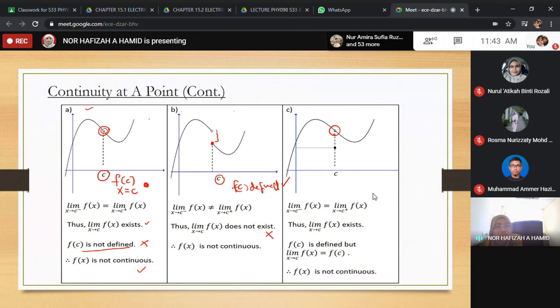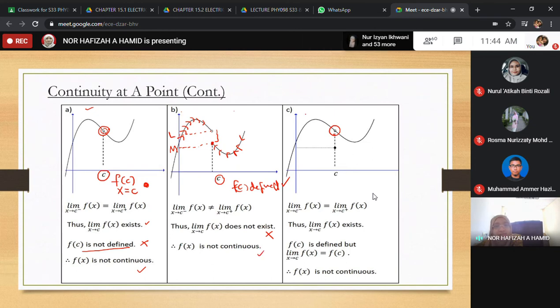So limit dia does not exist since when x approaches c from the left, for example you have value dia L, tapi bila dia approaches c from the right, value dia is M. So the different values. So that's why limit dia does not exist. Okay, so still not continuous.